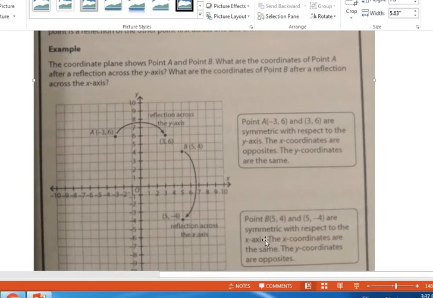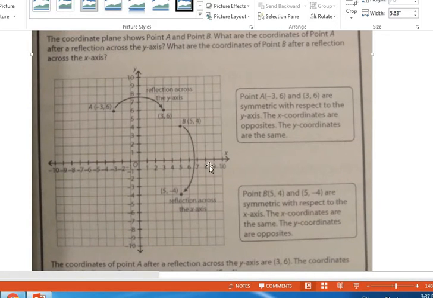Here, point B, which is 5 and 4. It reflected here and becomes 5, -4. So what changed here? I have point B, 5 and 4, and 5, -4.